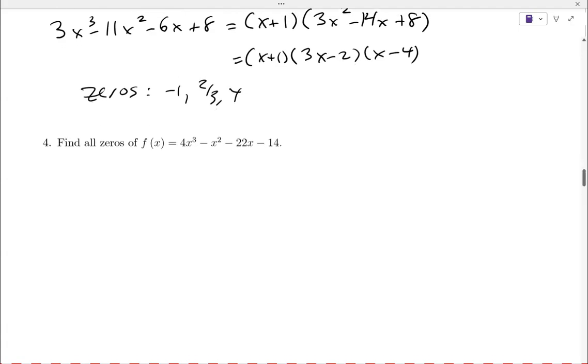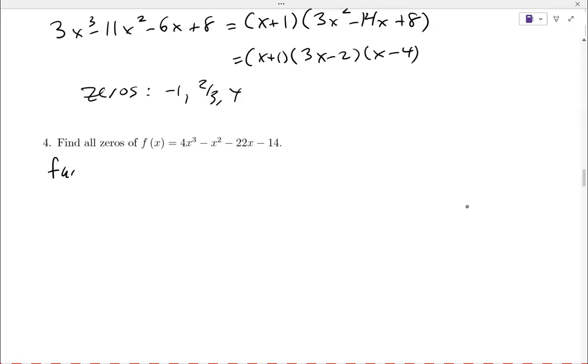We have another cubic here. How many zeros do you think we need to find before we get down to a quadratic? Just one, right? Because we have a cubic, we find one zero, that'll get us to a quadratic next, right? And then from there, we can always use quadratic formula or factor.